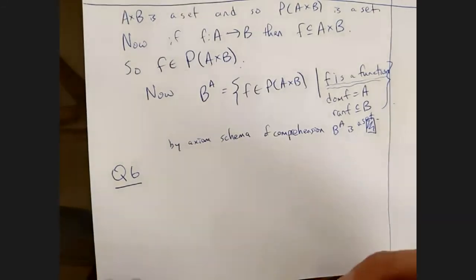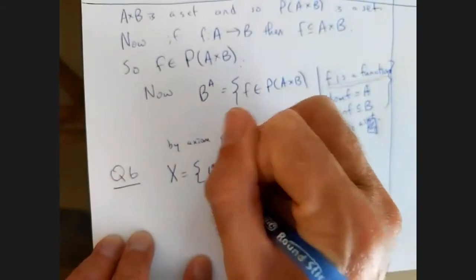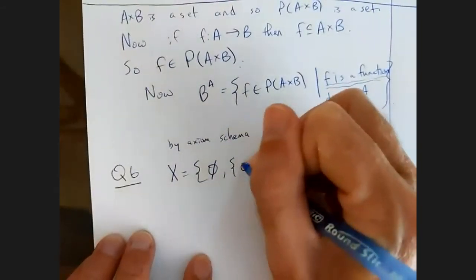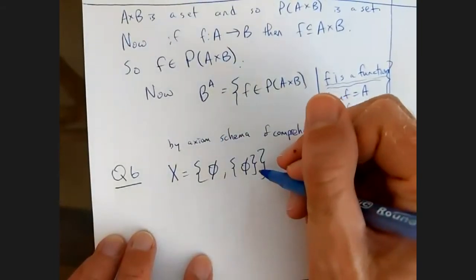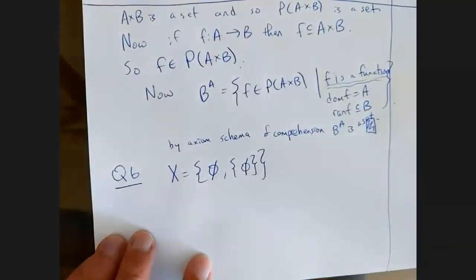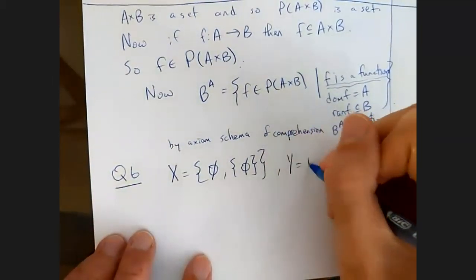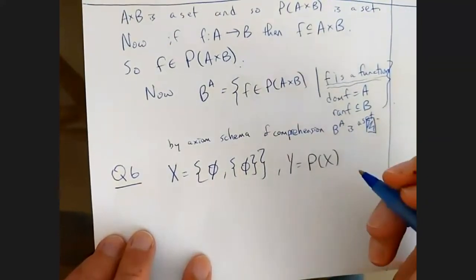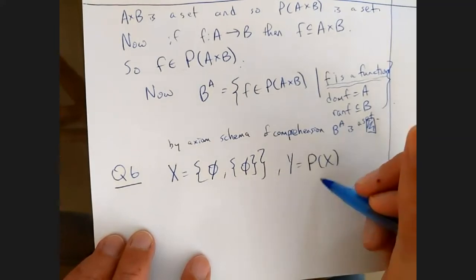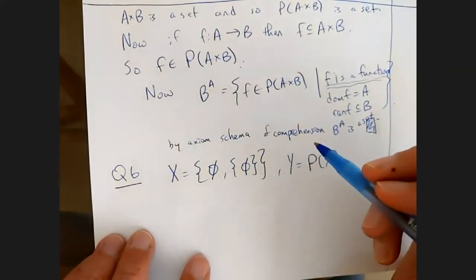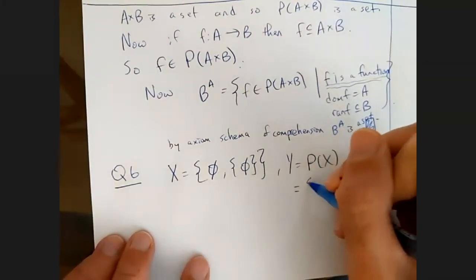Question 6 says X has two elements. One element is the empty set, and the other element is the singleton of the empty set. And then Y is going to be the power set of X. If you remember, the power set will have four elements. We might as well write it out.